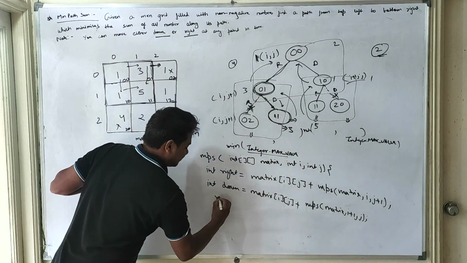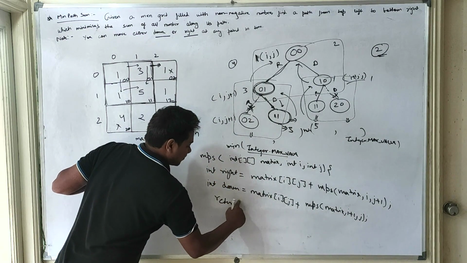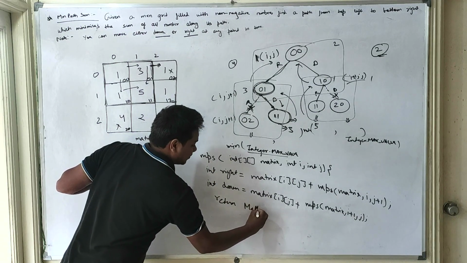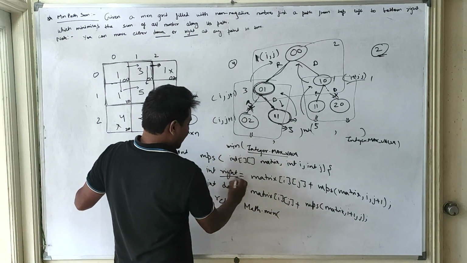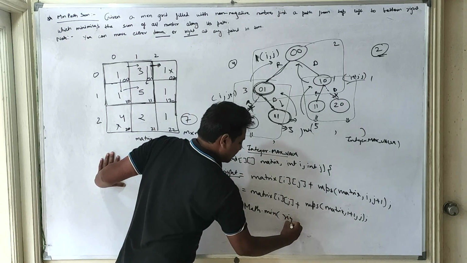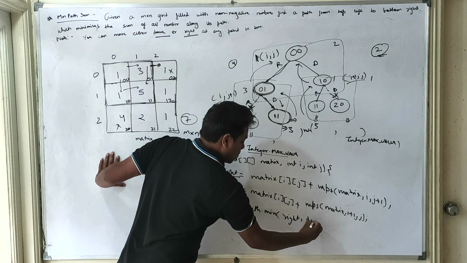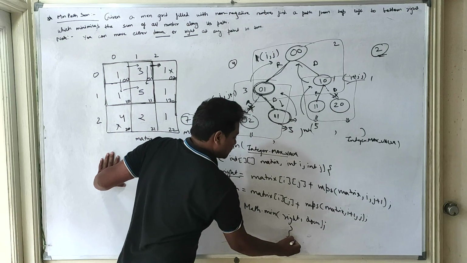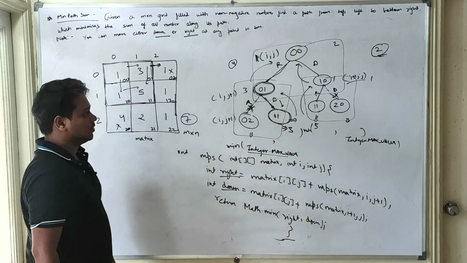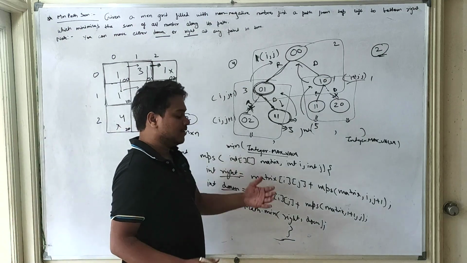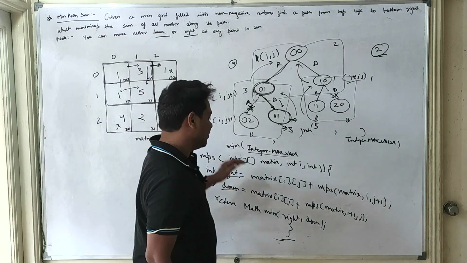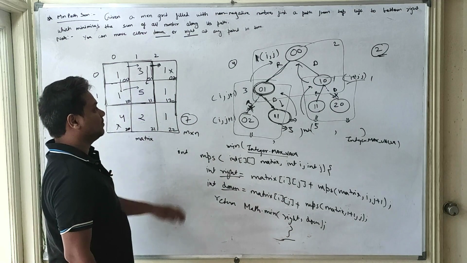So we'll return Math.min of either right or down. So this is basically the recursive solution for this problem.